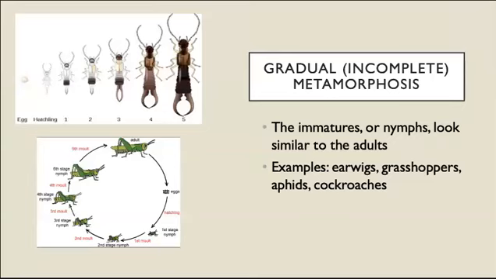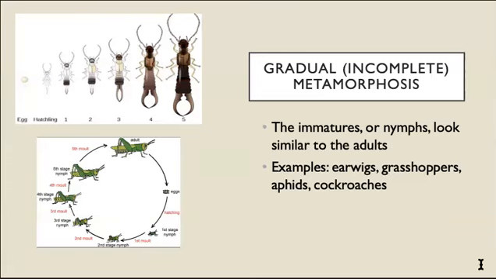Usually they're just missing wings and the sex organs. Sometimes, like in this grasshopper and this earwig here, they are different colors slightly, so they might stand out more to predators. And because nymphs can't fly and they might not have structural defenses, sometimes they are preferred targets for pest management programs as well.